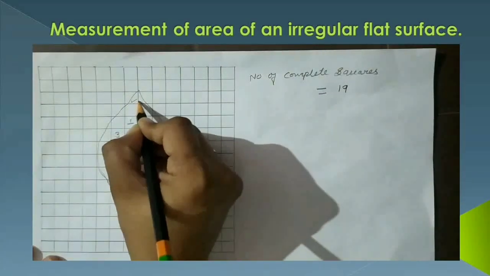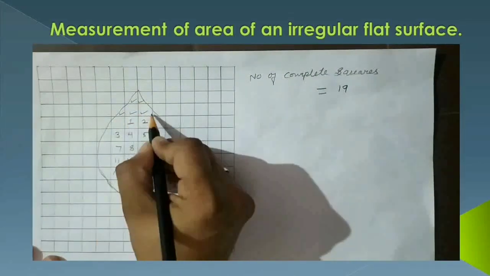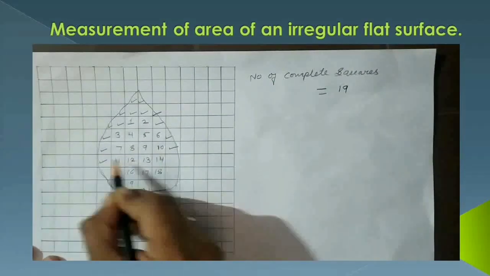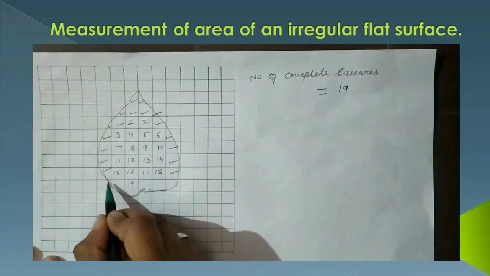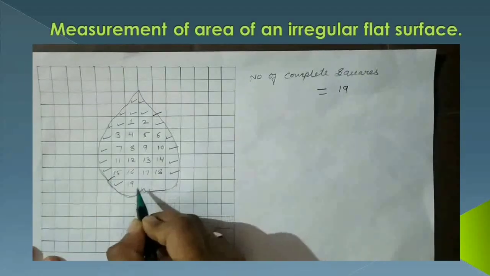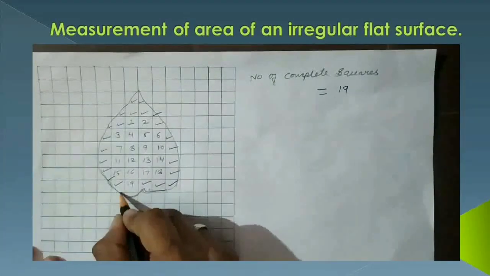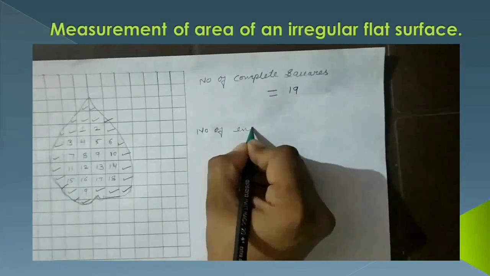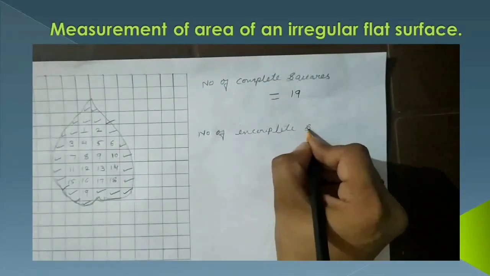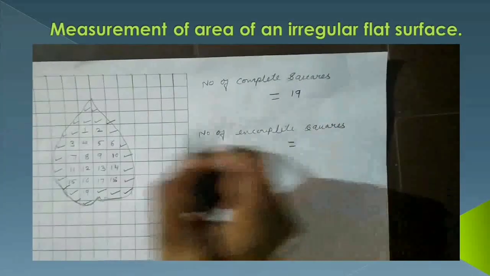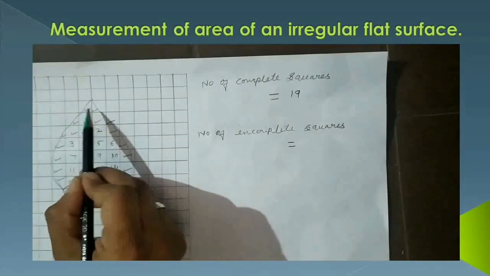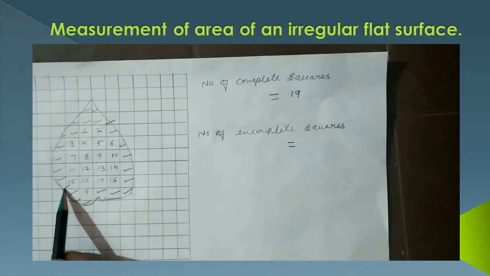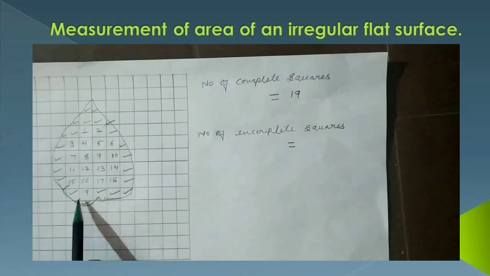Now we will tick the squares that are not completed. That means 1, 2, 3, 4, 5, 6, 7, 8, 9, 10, 11, 12, 13, 14, 15, 16, 17, 18, 19, 20, 21, 22, 23 and 24. So the number of incomplete squares is equal to, again we will count it so that there is no confusion, 24.